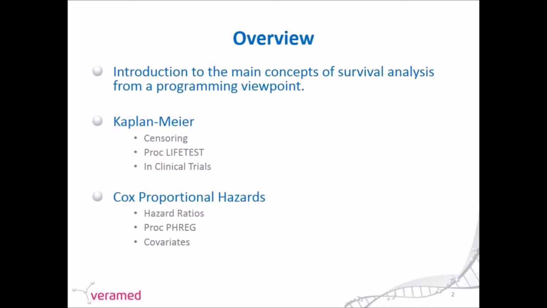First of all, the Kaplan Meier. I want to look at how censoring can be used within Kaplan Meier, PROC LIFETEST in SAS, and an example of how you'd use this within a clinical trial. Then I want to cover the Cox proportional hazards method, look at hazard ratios, PROC PHREG within SAS, and the use of covariates for improving the analysis.